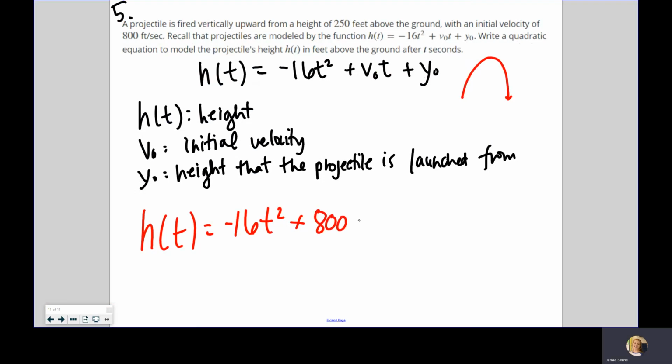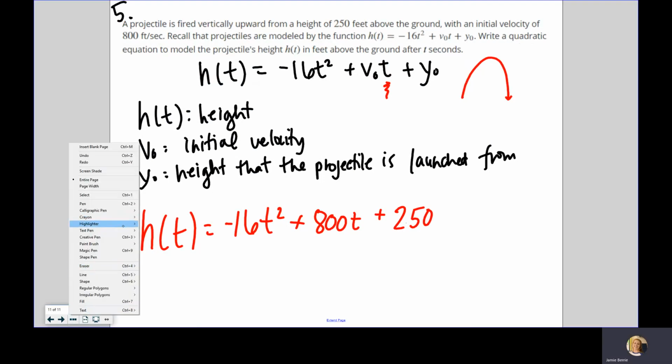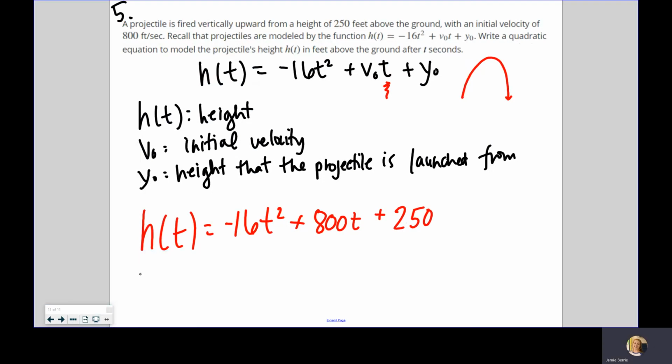So just plug in 800 for v sub 0, plus 800t, the t comes from right there, plus y sub 0, the height that the projectile was launched from, was 250 feet. And that's it. You're done. Very simple. Just plugging in numbers.